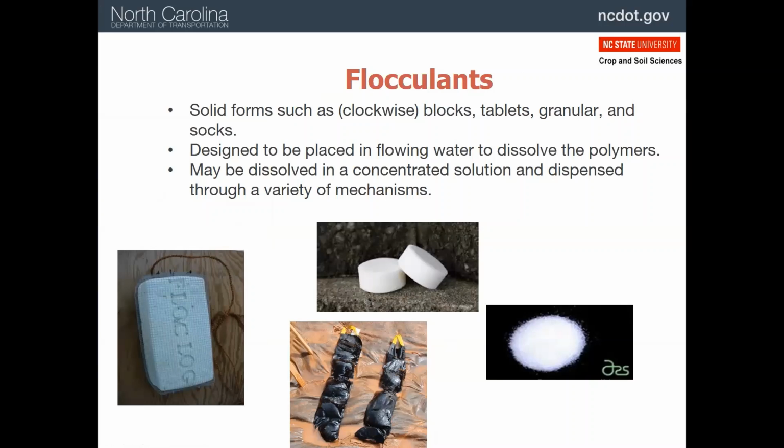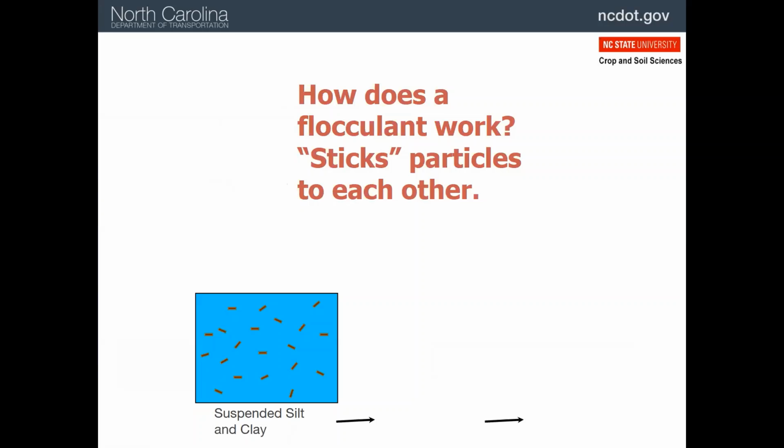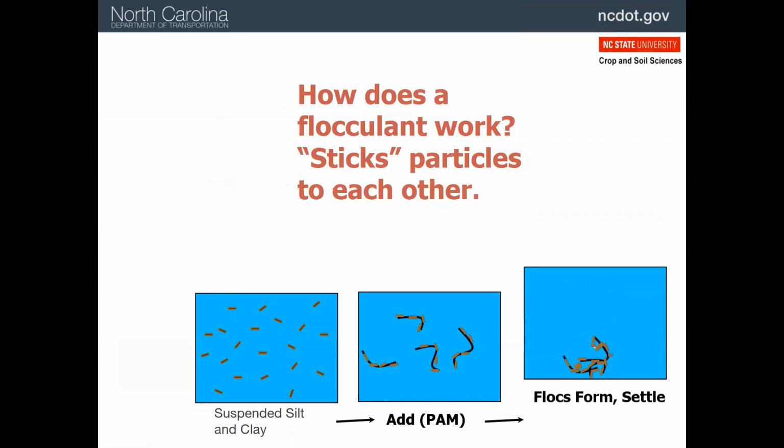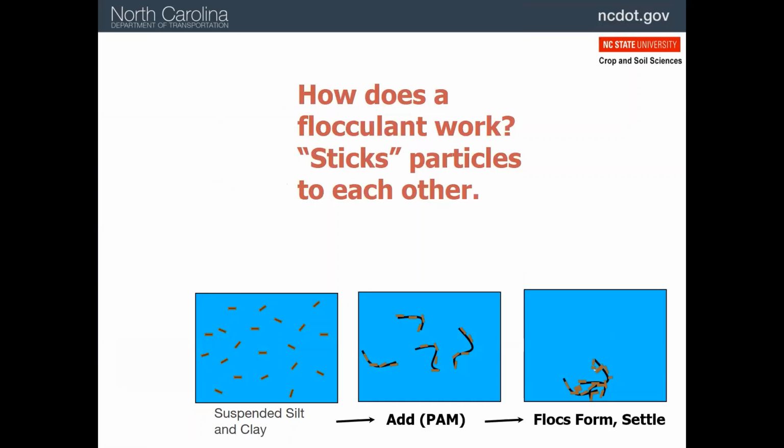All of these should be placed in high flow water with lots of turbulence so the chemical can contact as much of the sediment as possible. This is an illustration of how flocculants act like glue and cause the smaller particles to stick together, and then they settle much like larger particles.